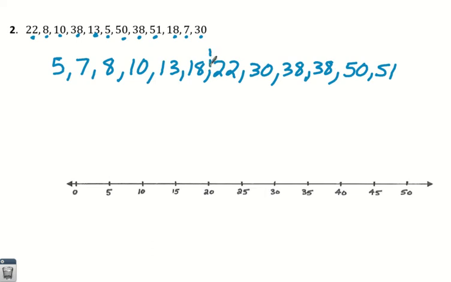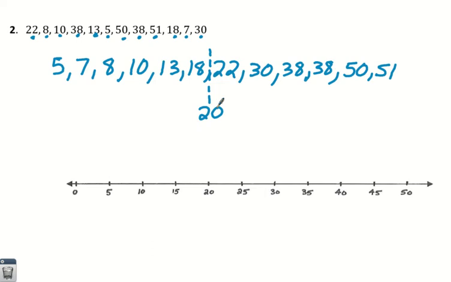So our median is in between the 18 and the 22. If you have to actually add those together and then divide by 2 to find the average, that's fine. But either way, just knowing what's in the middle of 18 and 22, it's going to be 20.